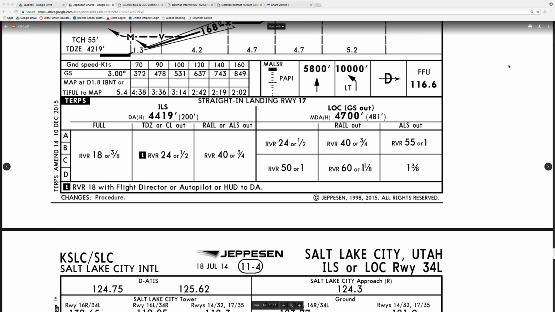All right. Well, I'm going to post this information for the weight and balance.